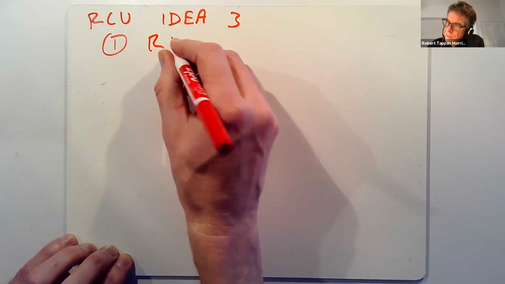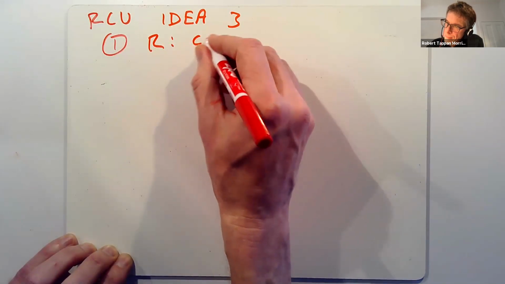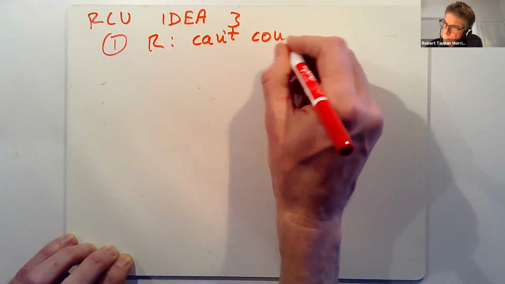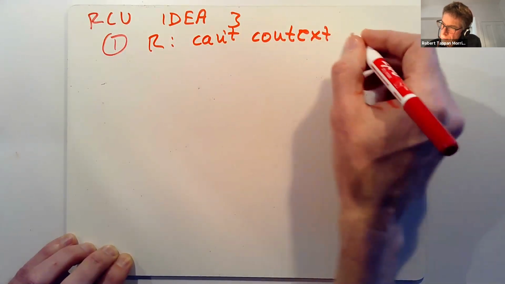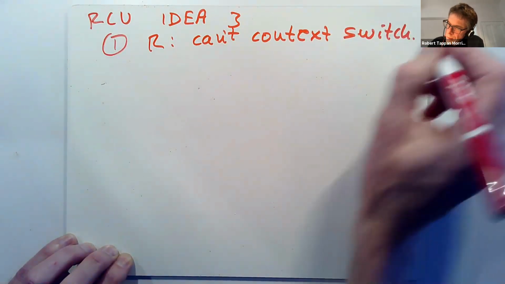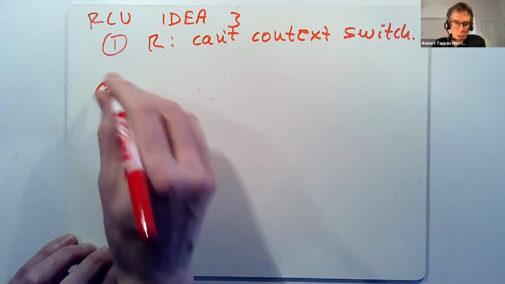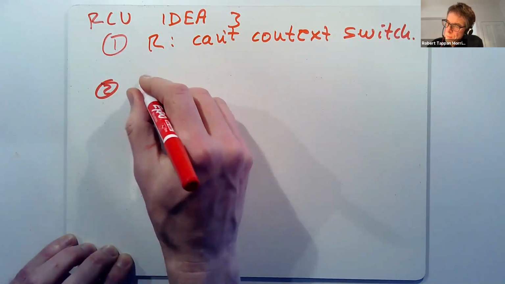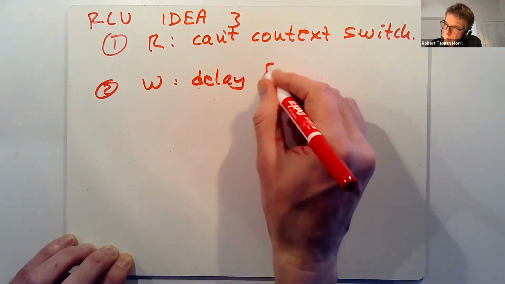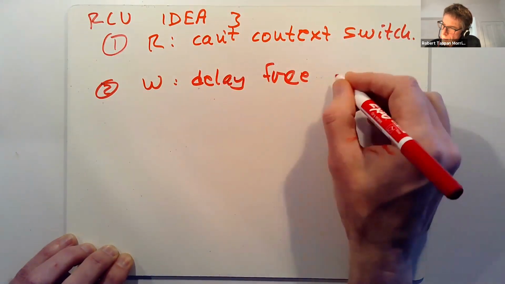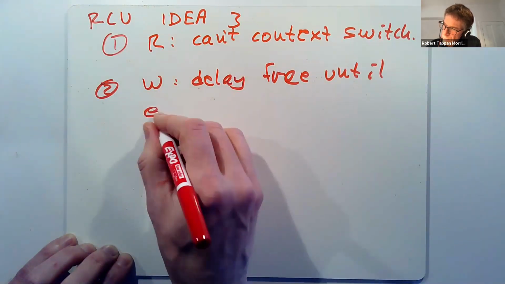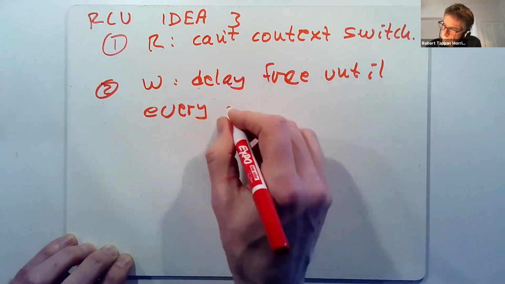So readers cannot yield the CPU in an RCU critical section. And then what the writers do is they delay the free until every core has context switched at least once.